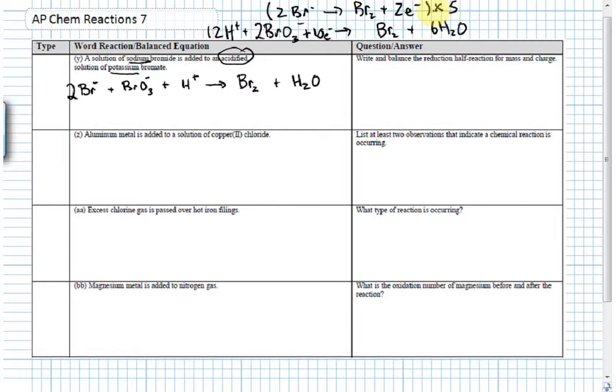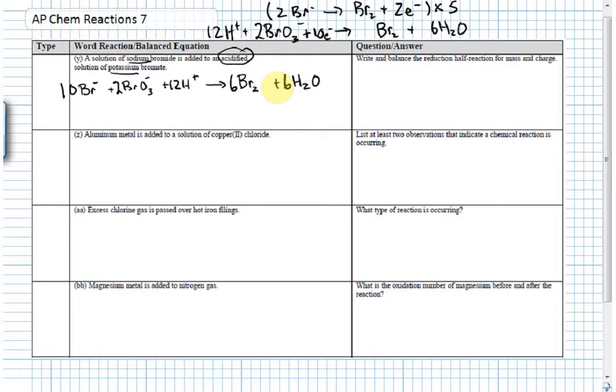Okay. I'm going to have 10 bromides plus 2 bromates plus 12 hydrogen ions reacting to produce 6 bromines and 6 waters.